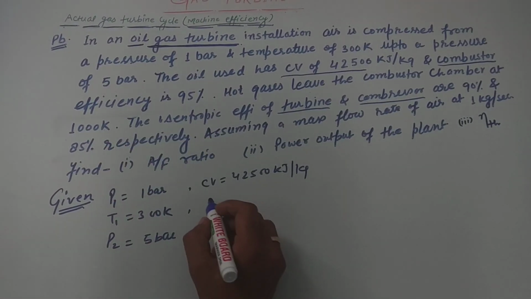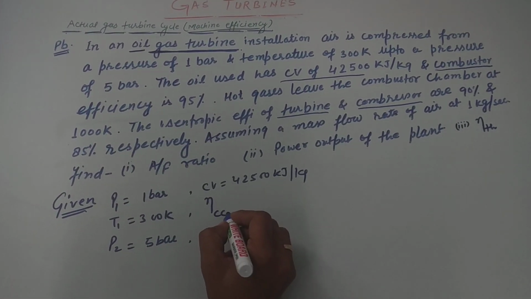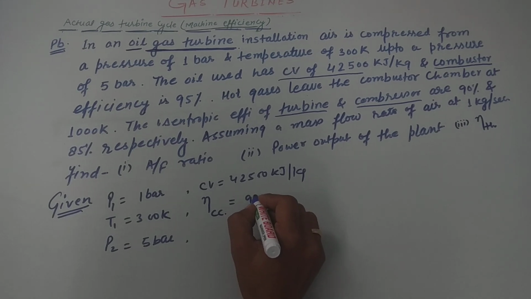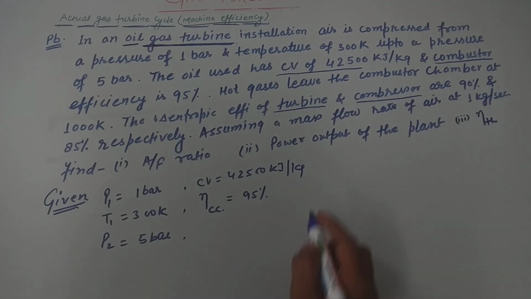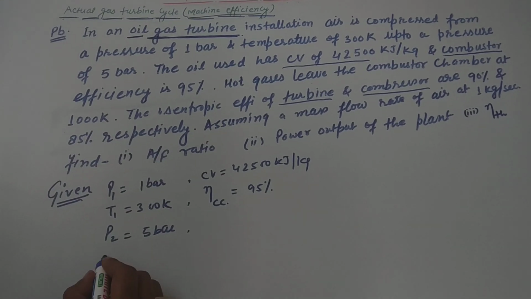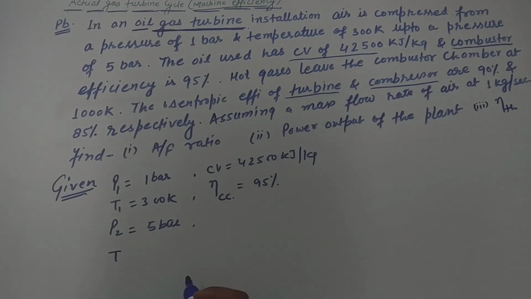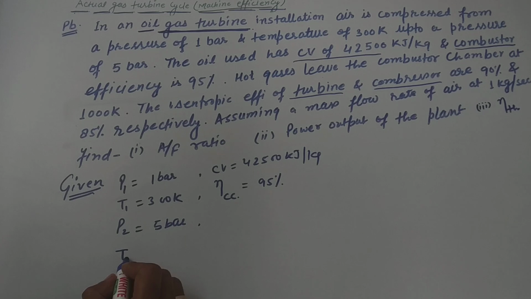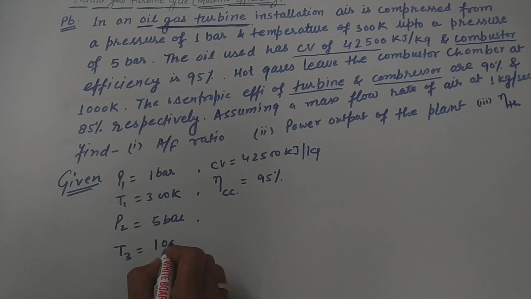The combustor efficiency of the combustion chamber is 95%. Hot gases leave the combustor chamber at 1000 Kelvin, that's why T3 is given as 1000 Kelvin.